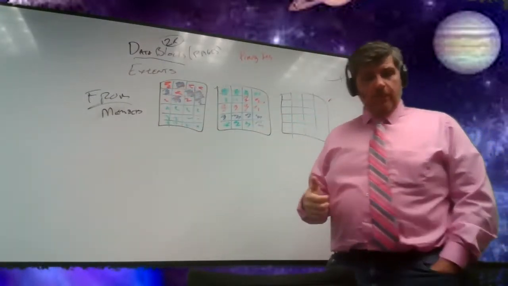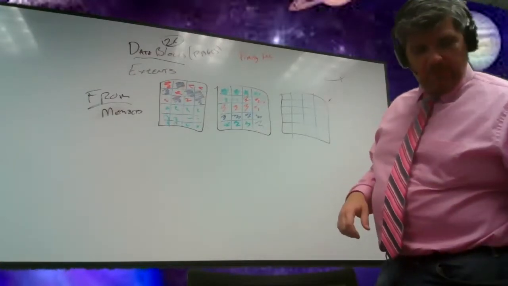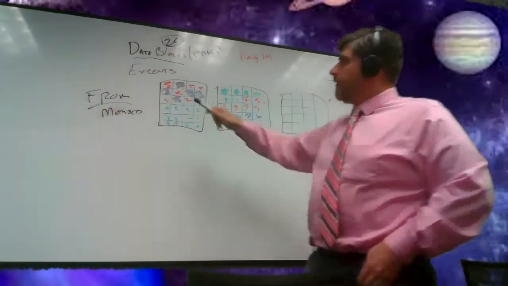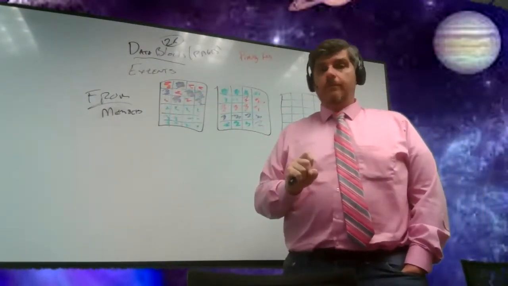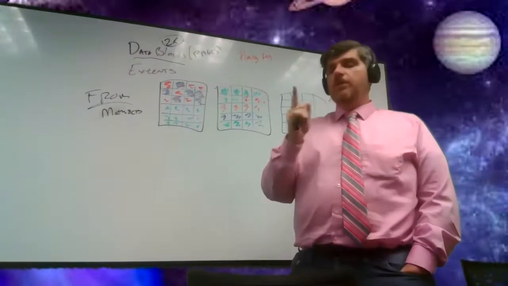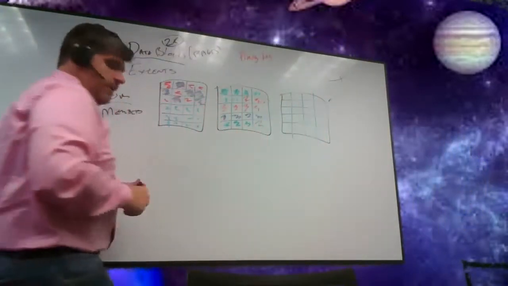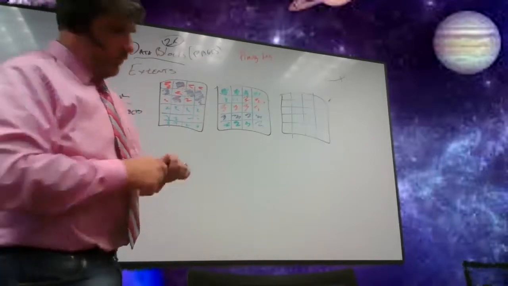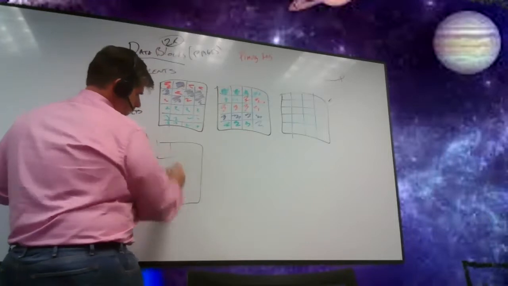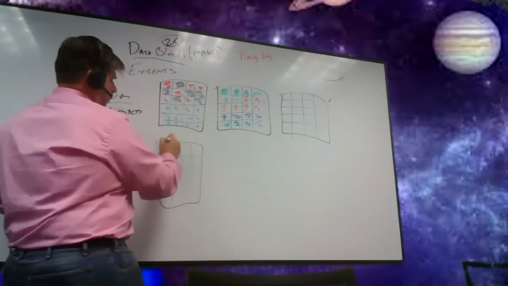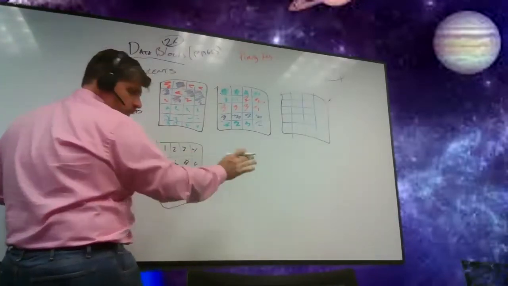Let's look at it a little differently. Let's say each of these data blocks is one row of data. It's not necessarily, but let's just say it's one row. When this was all red data, it was row 1, row 2, row 3, row 4, row 5, 6, 7, 8, and so on.